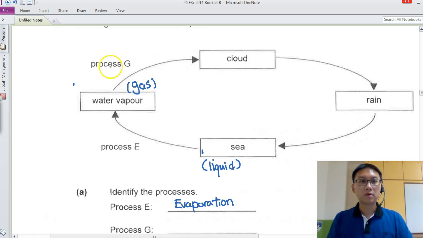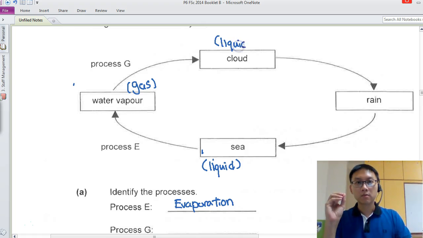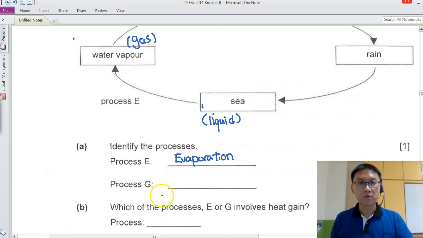Now, here, water vapor is gas. My clouds, remember, clouds are actually water vapor that condenses and forms water droplets. So this is actually liquid because it is water droplets. These are actually tiny water droplets. So gas to liquid, I already mentioned, the process is called condensation. Right, so E is evaporation, G is condensation.